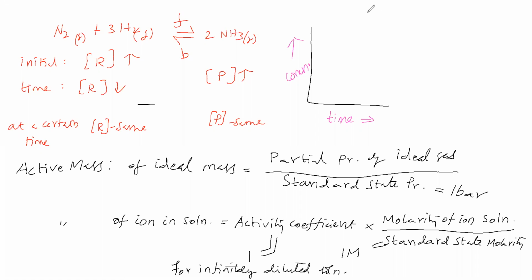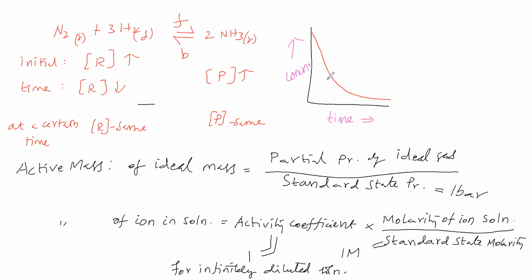Initially the concentration of reactants is maximum. As time passes, the concentration of reactant decreases. At a certain time onwards it remains the same, so it goes on decreasing, then attains a constant value like this.